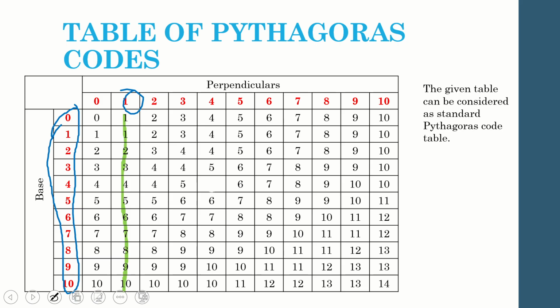In the last class I showed you this one will be 5. So please correct it, this one should be 5. Okay, so now you see this table. Hope you have corrected it.